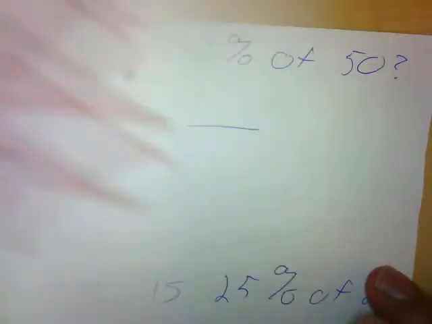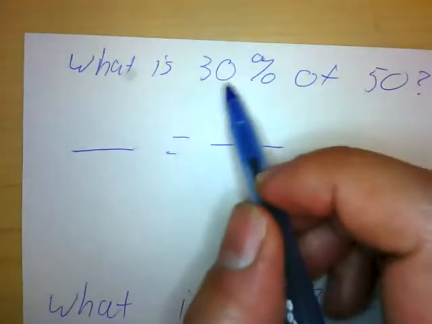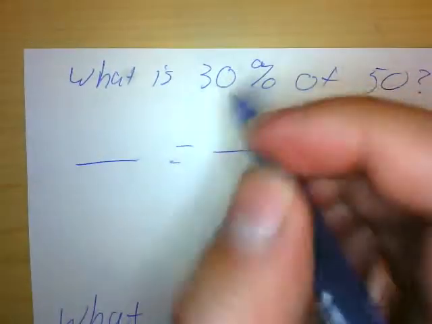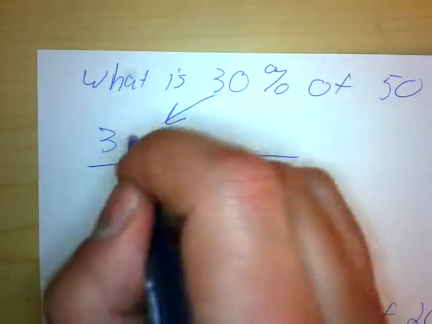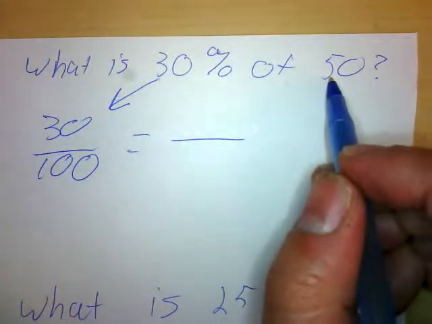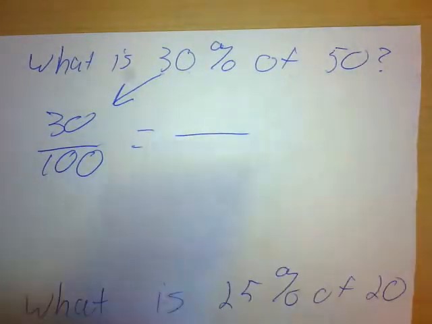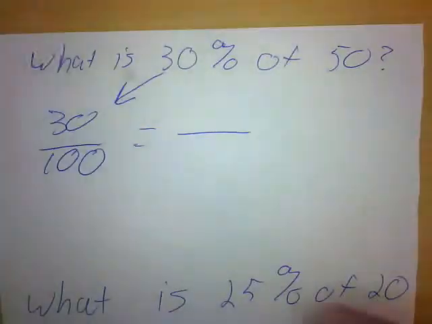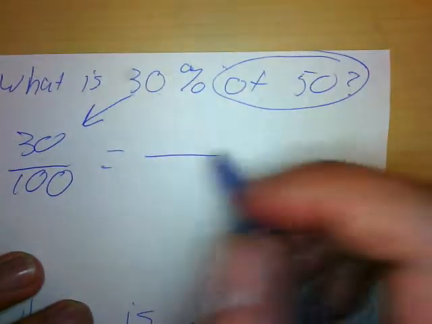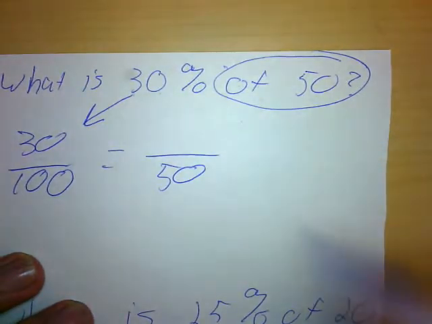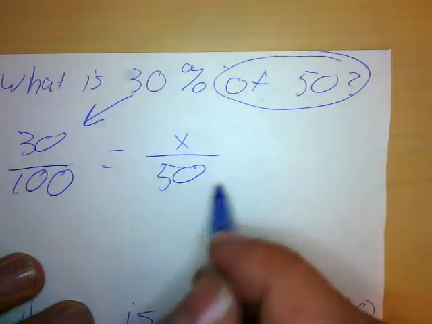Remember, is over of. For starters, percent is always written over 100. So 30% as a fraction is 30 over 100. Of 50. Of goes on the bottom. So I'm going to circle this of 50. So 50 goes on the bottom. We don't know the number that goes on the top.